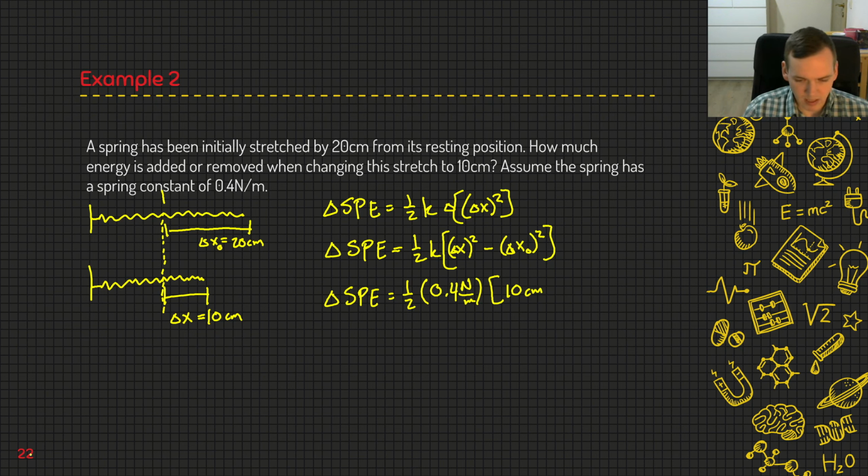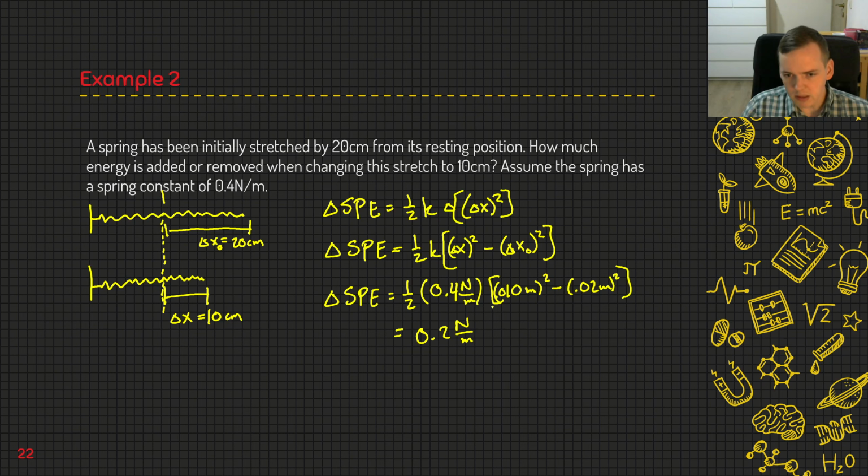So let me fix that right now. This is another reason we write in our units as we go, because we catch things like recognizing that the units don't match. So 0.1 meters squared minus 0.2 meters squared.